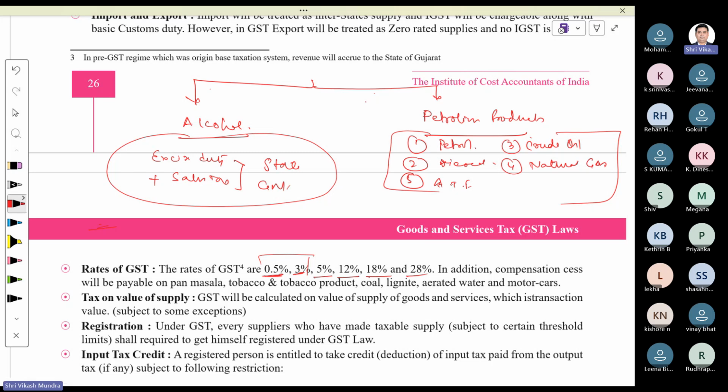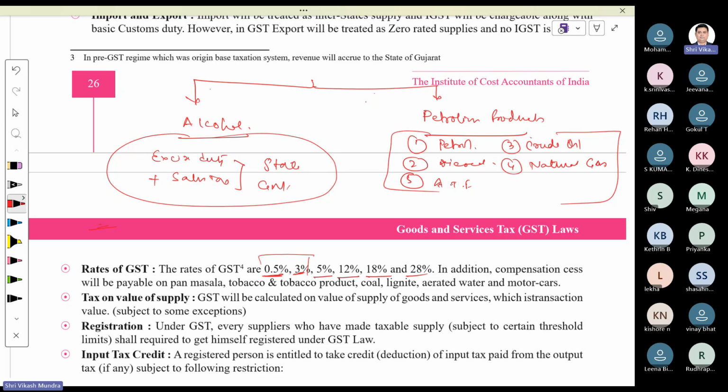That means once the government decides, now we are ready to levy tax on these petroleum products, then it will be applicable. Till now, these five petroleum products are kept outside of the GST purview. However, whenever the government wants to levy GST on them, they will do so by issuing a notification. Existing systems are still there.